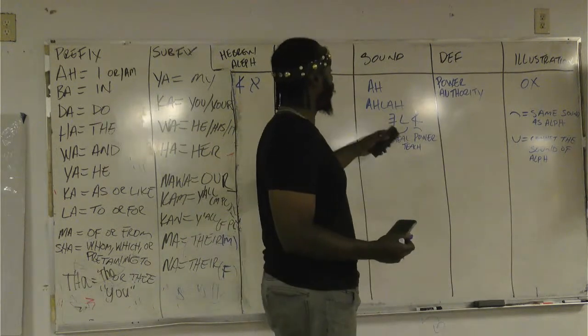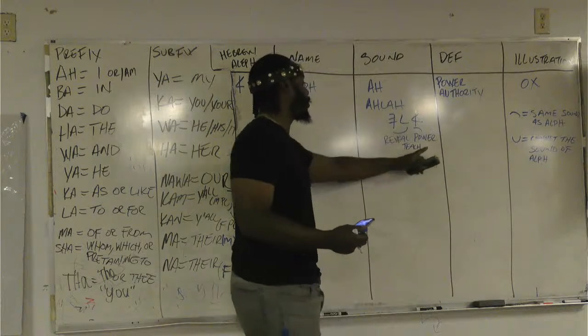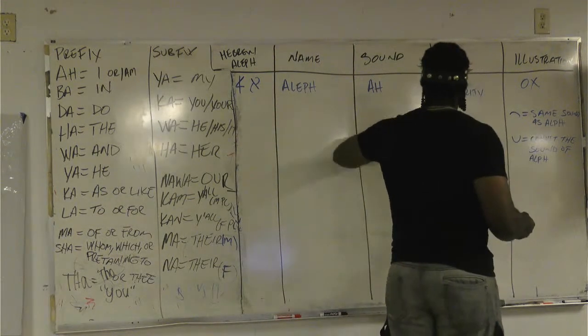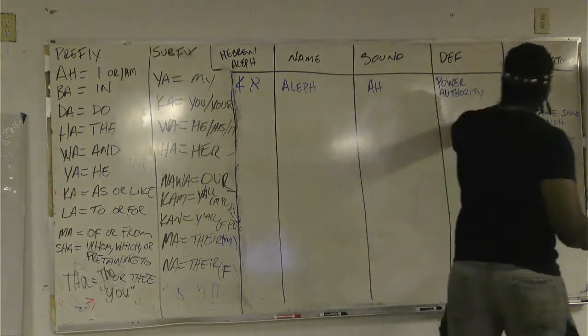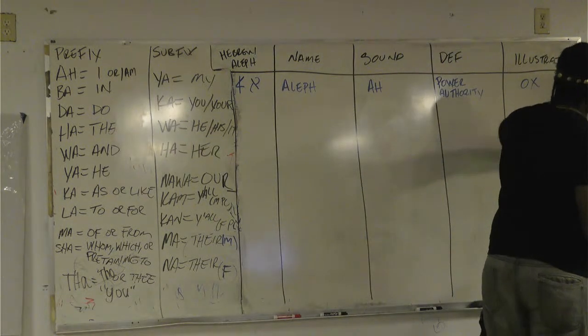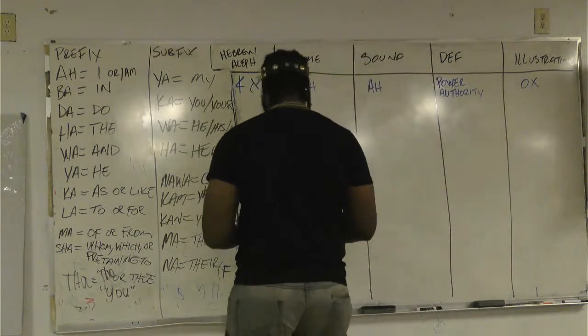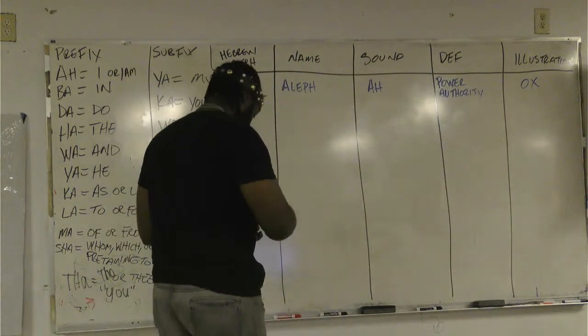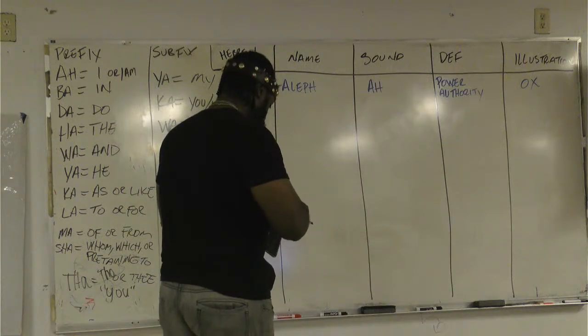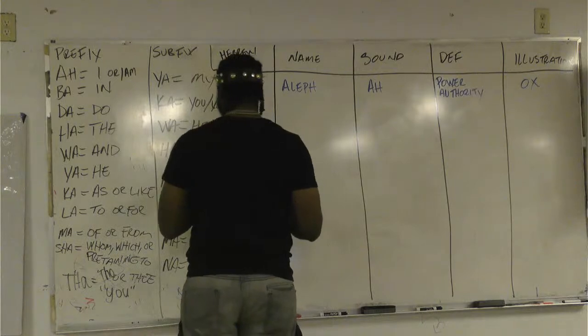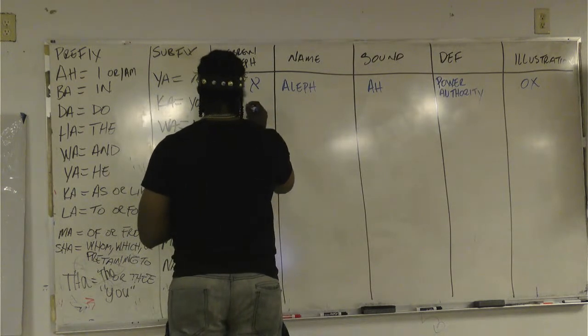So you have Allah, which is the power, and the La and Ha, which is the power to teach and reveal. All right. And as we move on, I'll give you more examples of words. All right. Next. All right, we have the Ba.